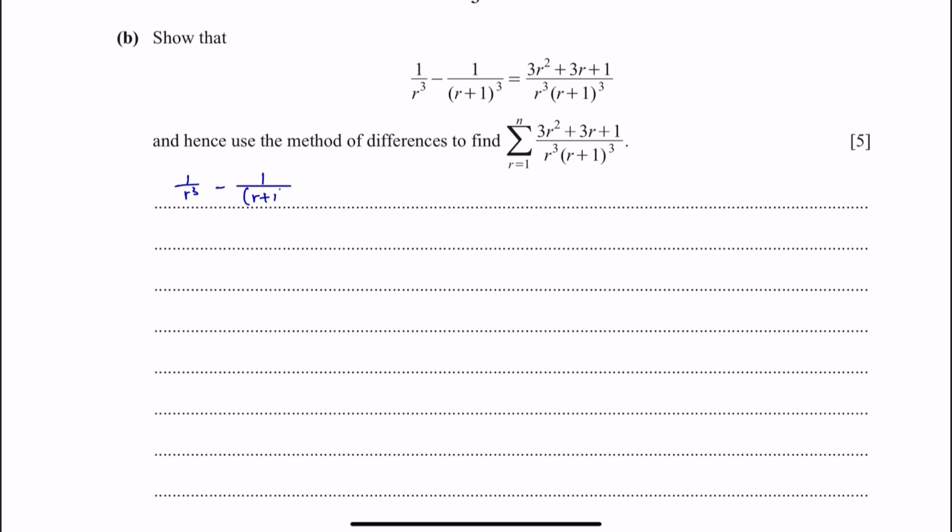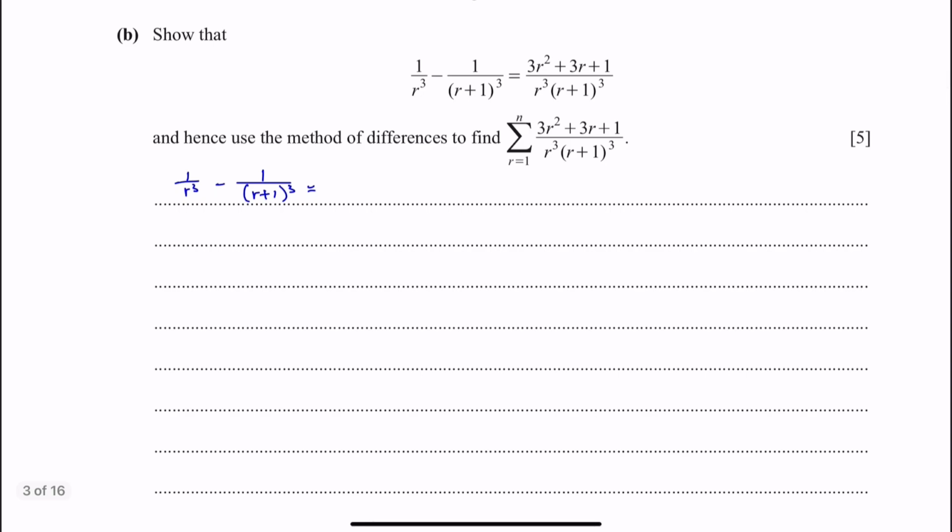R plus 1 cubed. So we make it into one fraction. R plus 1 cubed minus R cubed, and then R cubed times R plus 1 cubed. So we will get R cubed plus 3r squared plus 3r plus 1.